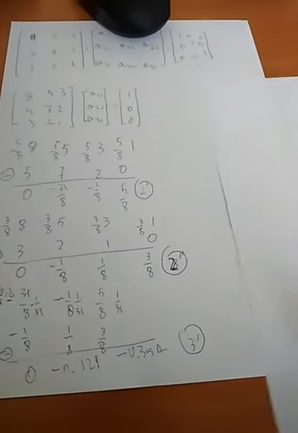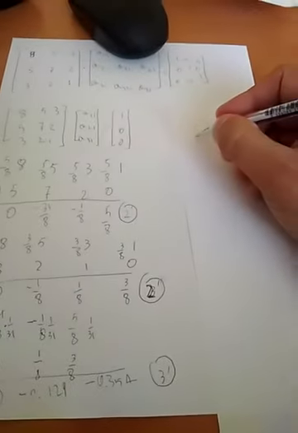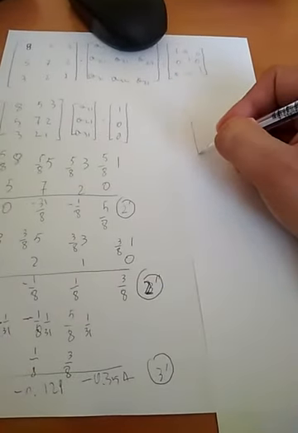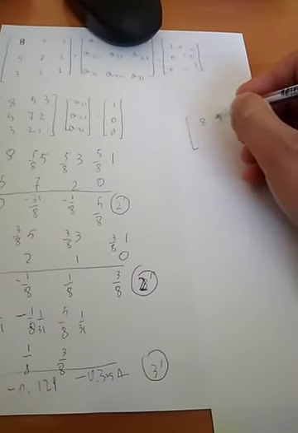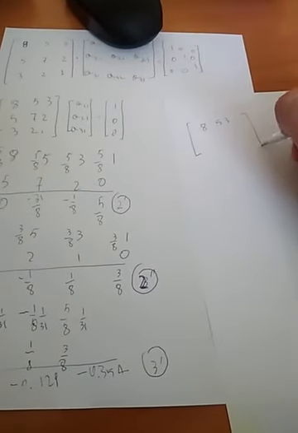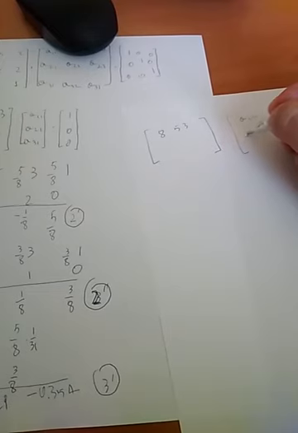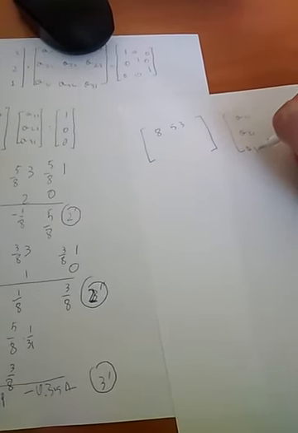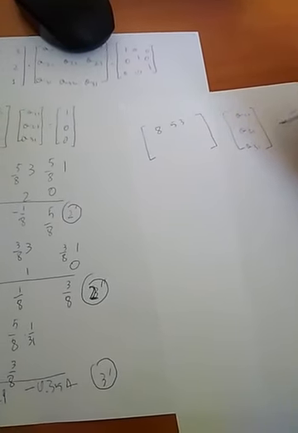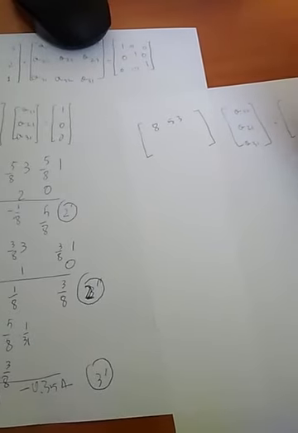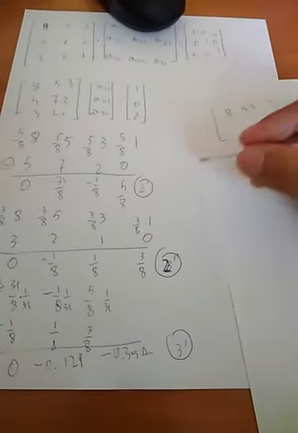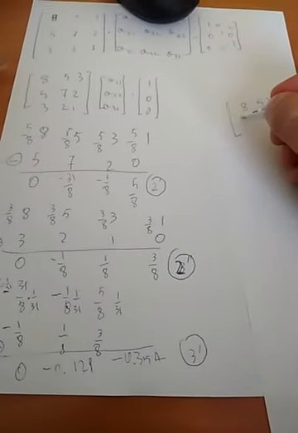Okay, so now we can rewrite the system as 8, 5, 3 times A11, A21, A31 equals 1. Now for the second line we'll take 2 prime.